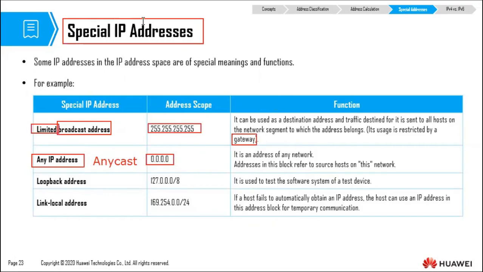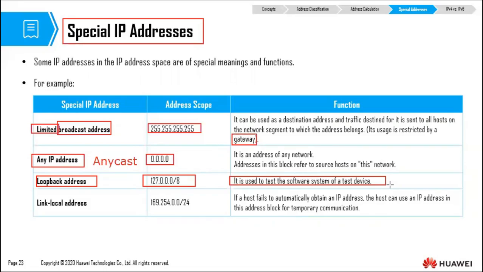Then the other one is called the loopback address. It is the address 127.0.0.0/8. So it is used to test the software system of a device. By software system, it means it's a virtual interface.